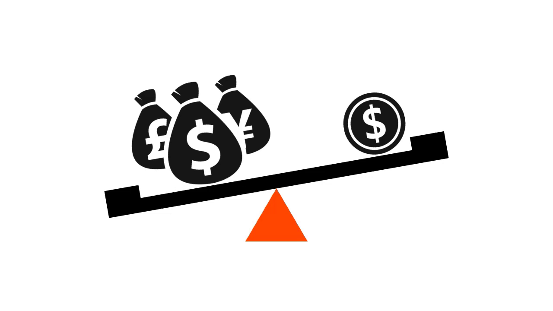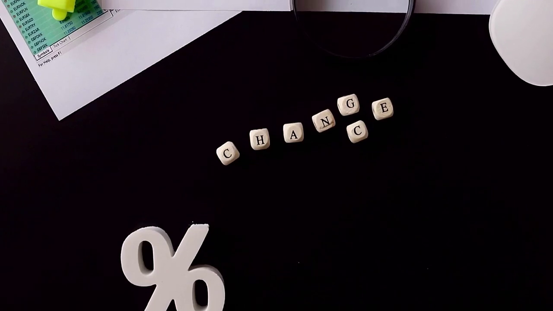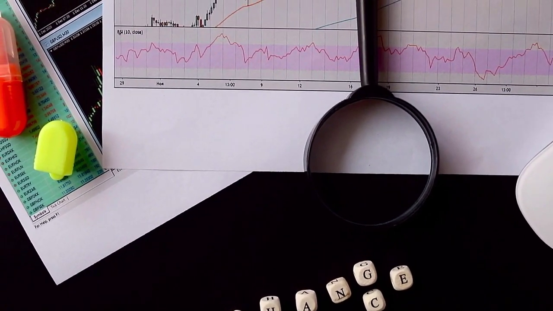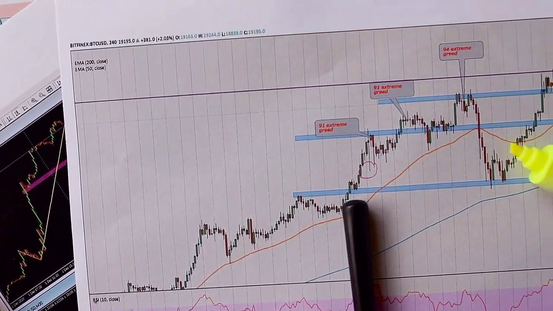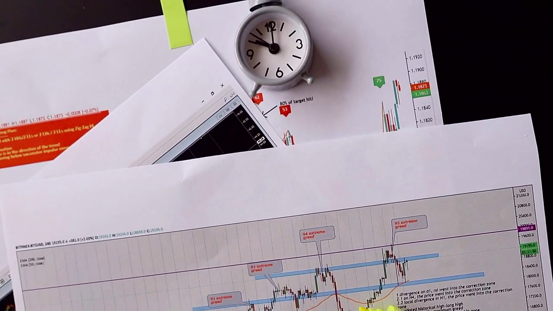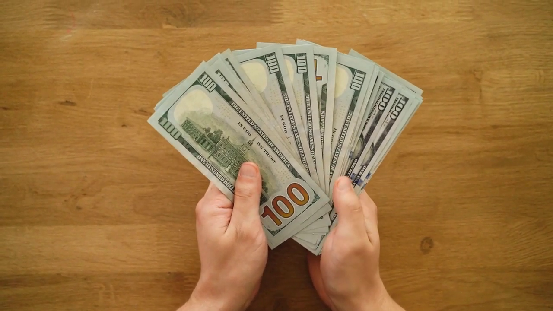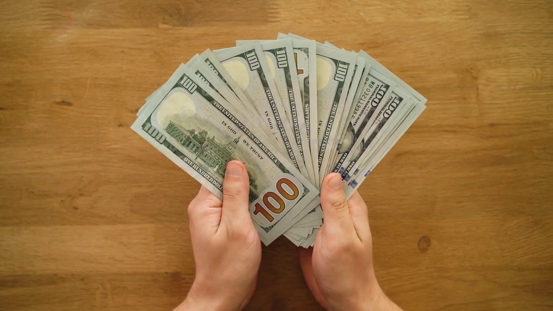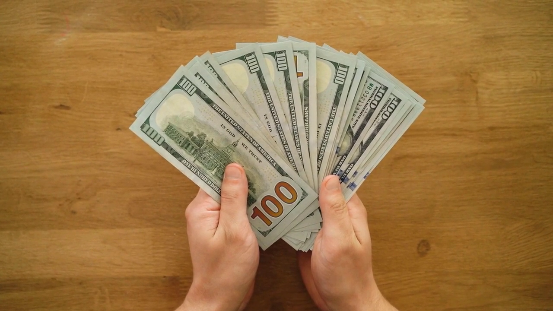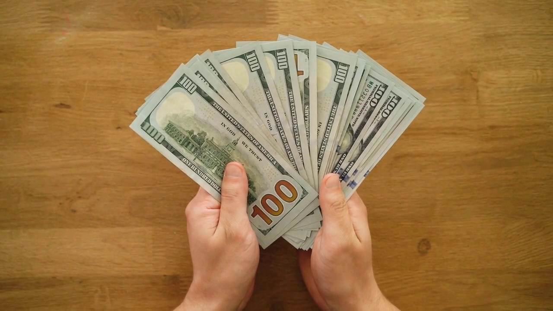I can't stress this enough. You could have a win rate as high as 90%, but if your losses are much larger than your wins on average, chances are pretty high that you could still end up blowing your forex trading account. The only time you're going to be able to make money through forex trading with your average loss being larger than your average profit is when your win rate is higher than 95%, for example.